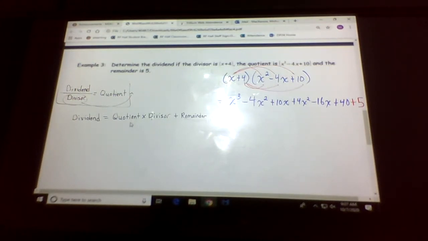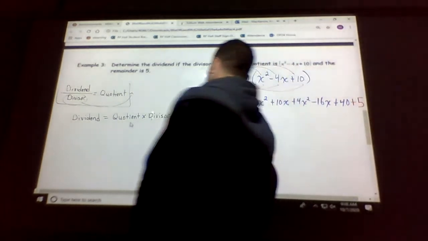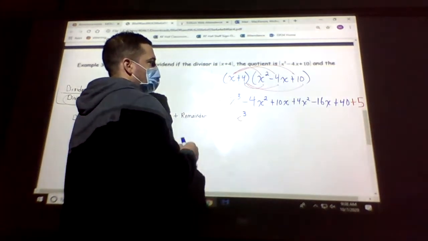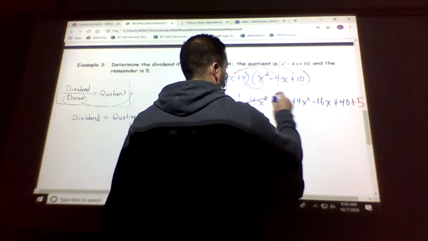You guys can now simplify it. The x squares cancel out.